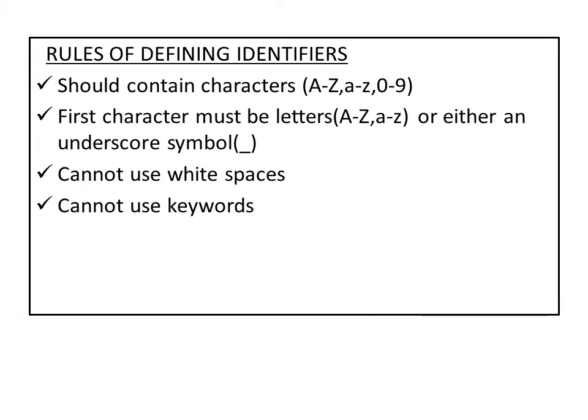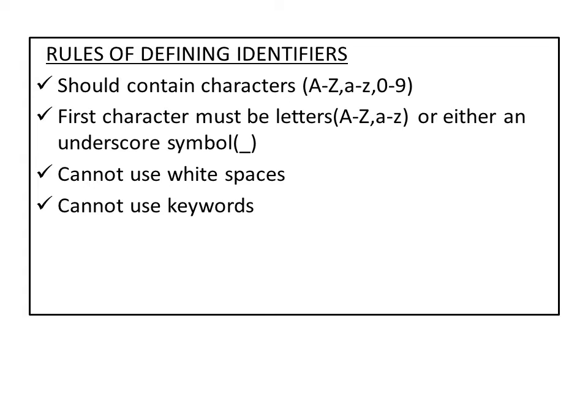Now these are the rules of defining identifiers. It should contain characters. It can be capital A to Z, small a to z, 0 to 9. The first character must be a letter, A to Z or small a to z. It should begin with a letter. It can be capital or small. Or you can use a special symbol, that is the underscore.